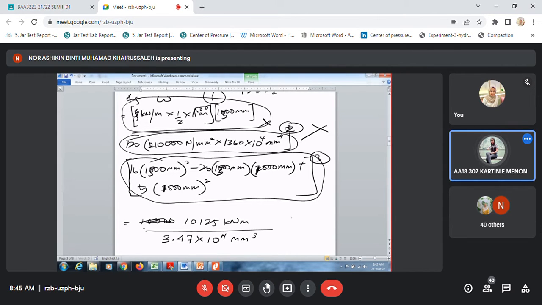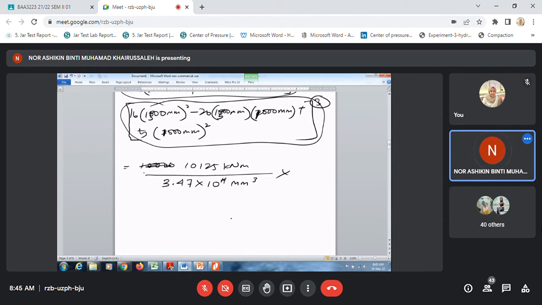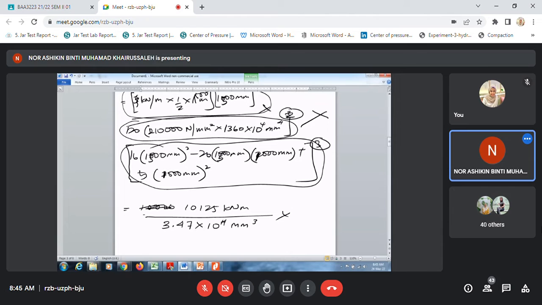Okay. Times the number... Doctor, this is number 2, right? You calculating this one or this one, Kat? The top one, because mm square over mm square multiplied with mm4. So therefore the unit is Newton millimeter square.